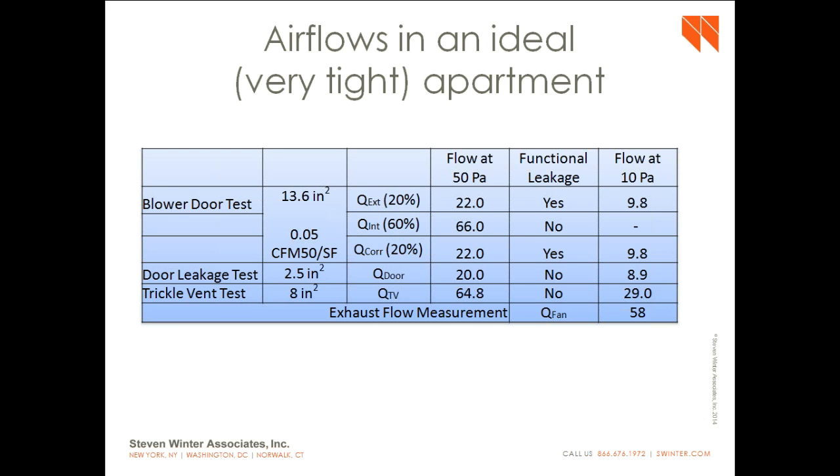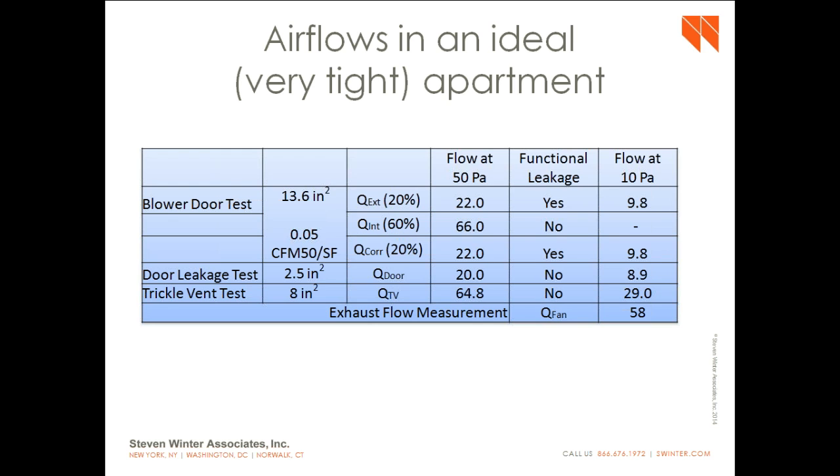So how does this all translate to airflow in these target apartments? Our research is still ongoing. We still have data loggers in these buildings, so we don't have all the data to show you what an actual apartment is, but this is an ideal apartment.